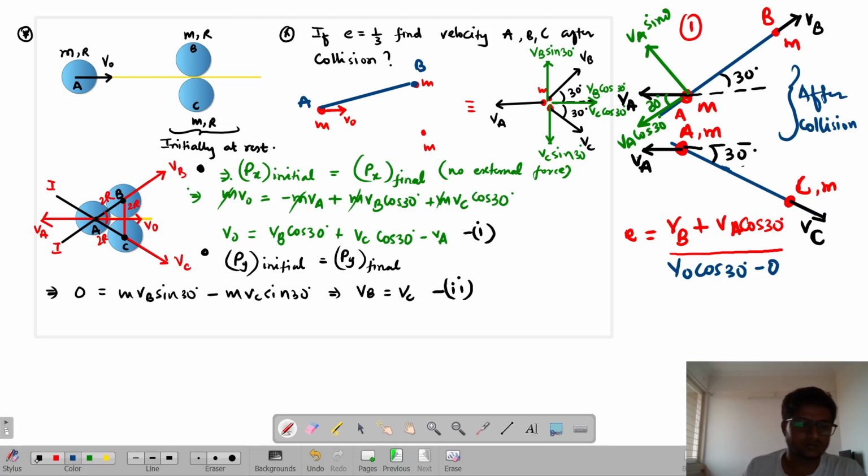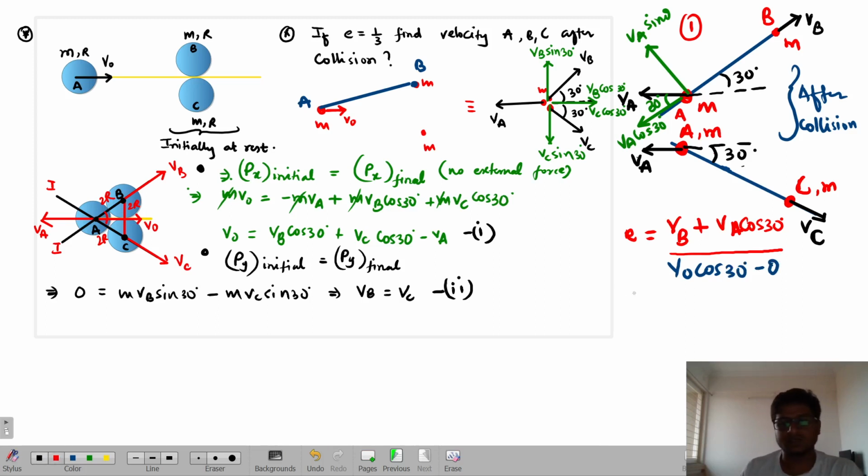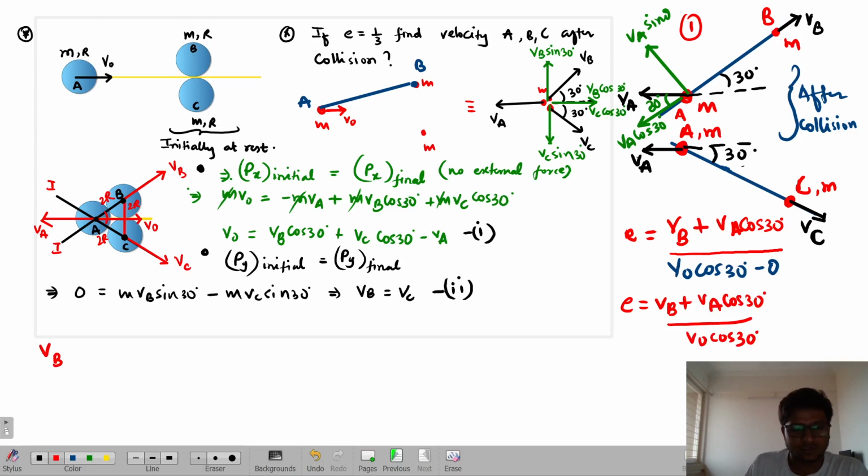Got it all? So E becomes VB plus VA cos 30 by V naught cos 30. So the equation is VB plus VA cos 30 is equal to 1 by 3 V naught cos 30.